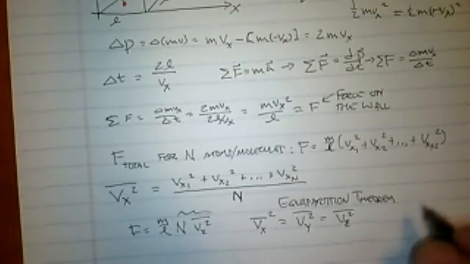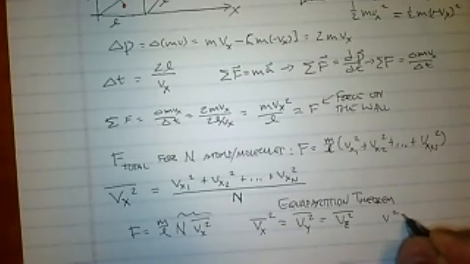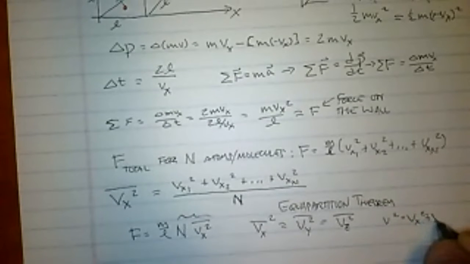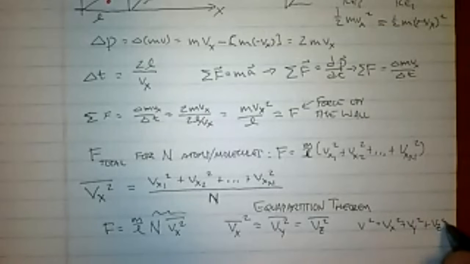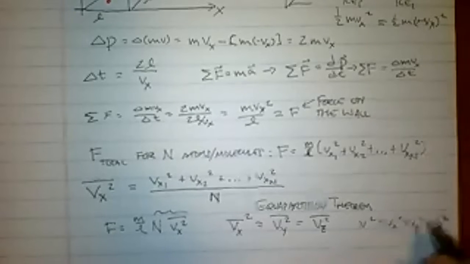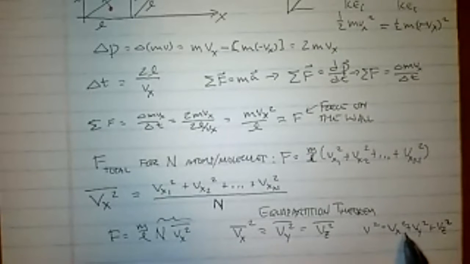Because of that, v squared, which equals vx squared plus vy squared plus vz squared, has three terms that should each be the same, so that's vx squared plus vx squared plus vx squared, or 3vx squared.